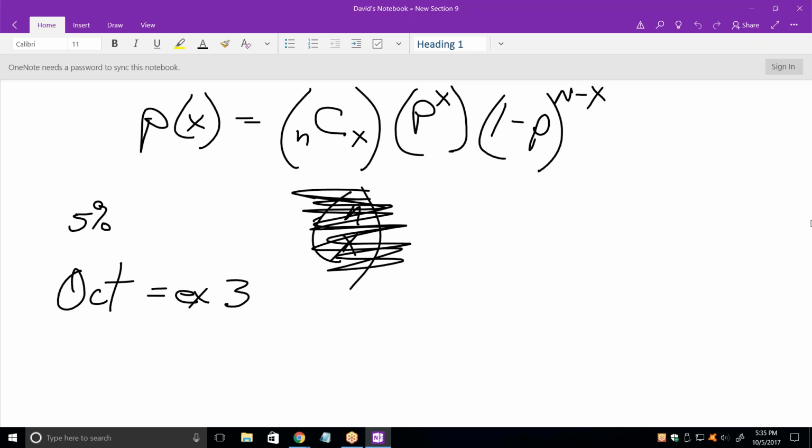If they said exactly 1, or at most 1, it would be 1 minus 5%, which would be the probability that it does not rain on any given day, times 30 days.